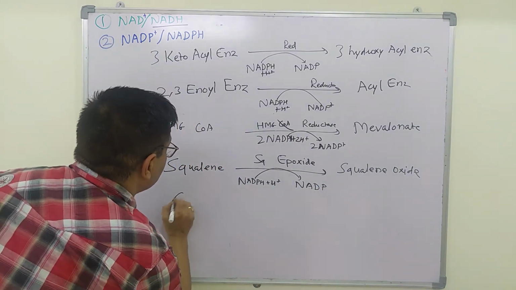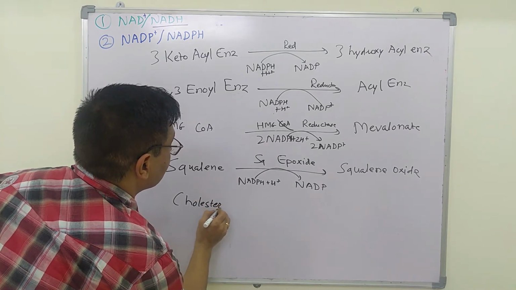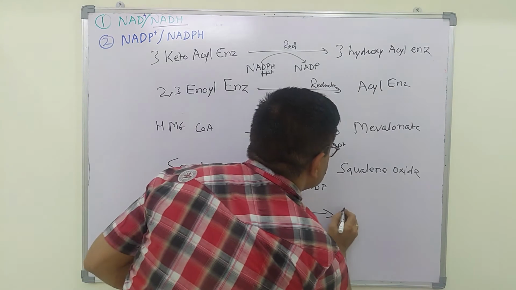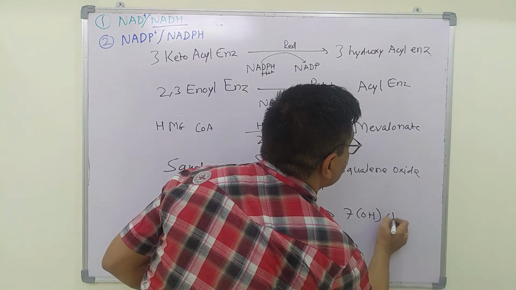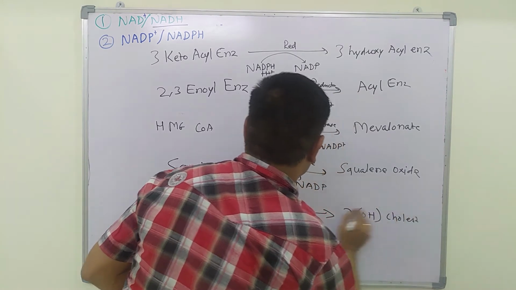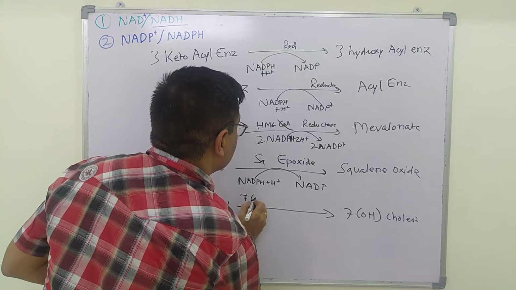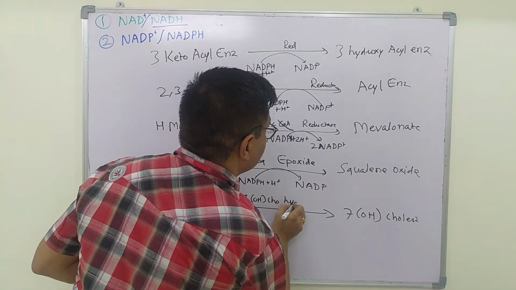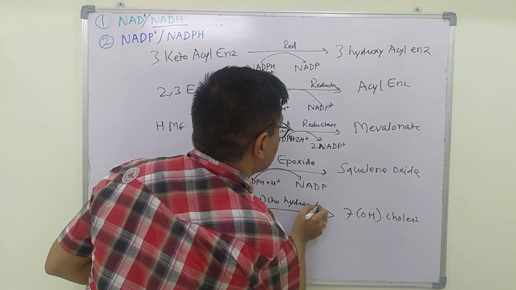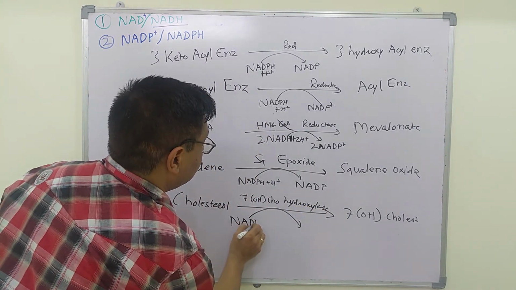Then cholesterol will form 7-hydroxycholesterol for bile acid synthesis with the help of 7-hydroxylase involving NADPH.